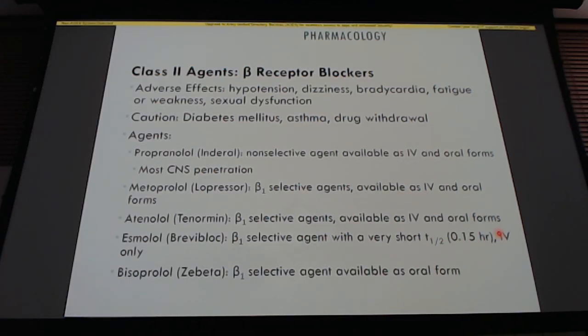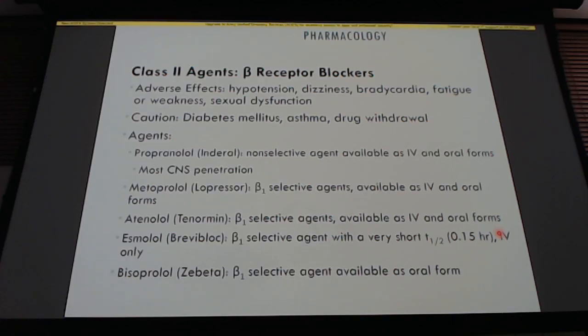So the diabetes, and then all these other ones we already kind of talked about before. Looking at the agents we are specifically looking at, you have propranolol, which was your non-selective, and then all of our others under there are going to be selective. I don't need you to remember the formulation and where we're using it. The only one I wanted you to remember was that you had IV for your esmolol, and it has a very, very short half-life.